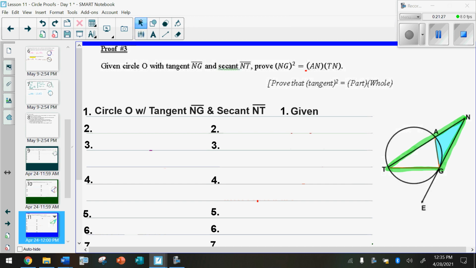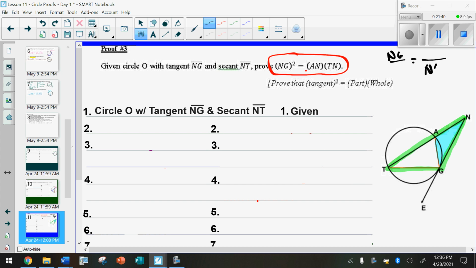Okay, so eventually what we'll need is NG, which is a side of each of the two different triangles, to be multiplied times itself. So when we get to it at some point, we will take this cross product and unmultiply it to make our proportion, and we would need NG from one triangle to eventually be multiplied times NG from the other triangle.